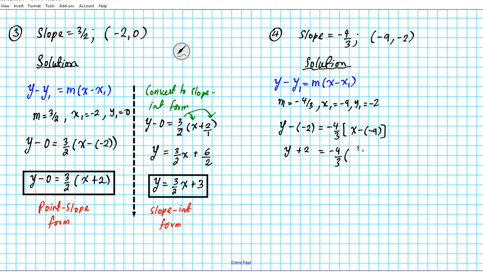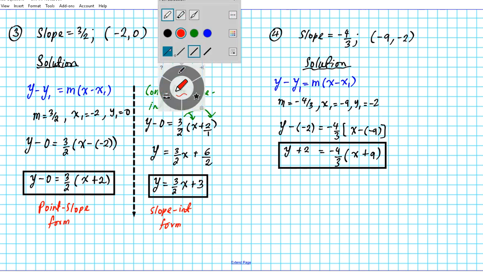We have exactly the same situation here. Two signs that are the same, minus times minus is positive, plus 9. And ladies and gentlemen, there goes your point slope form. So this represents the point slope form of the equation of the line.